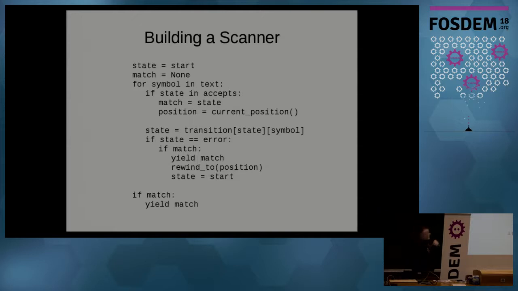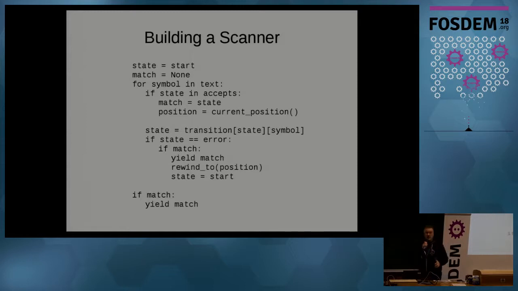And finally, we can build a scanner. I've got 2 minutes. We can build a scanner. It's really very, very simple. Once you've got the DFA, you basically run through your symbols and your text, and you run through until you get to a point where you can't match anymore, where you get to the error state. And then as you've run through, you've remembered if you've seen any accepting states.